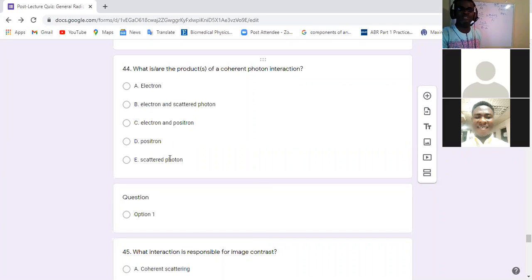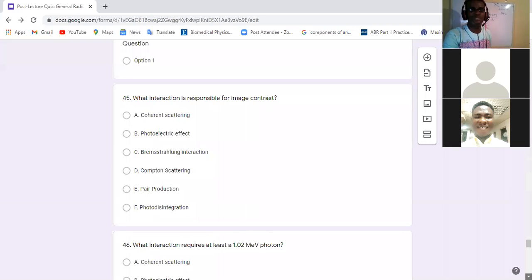E or B? B is Compton. Coherent is E, scattered photon. Compton scattering is actually an incoherent interaction, which gives an electron and the scattered photon. But for coherent, it is just the scattered photon. You don't have any other byproduct.